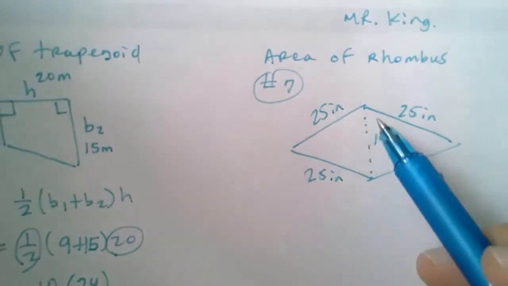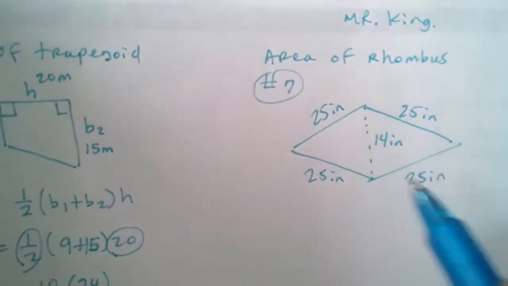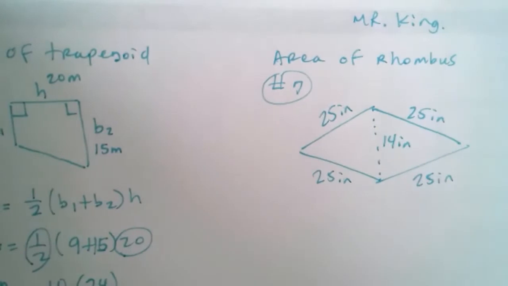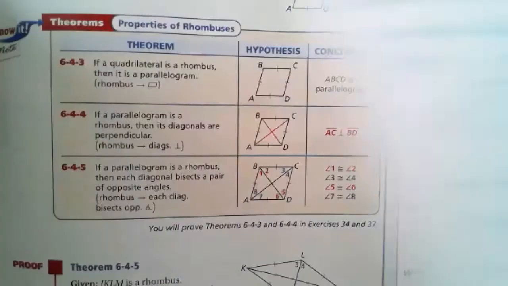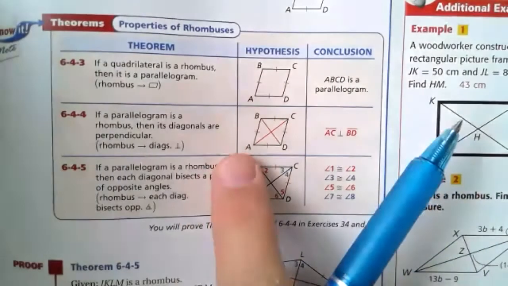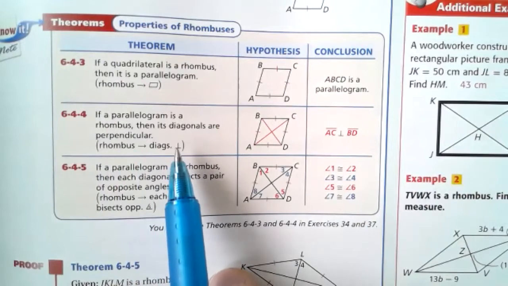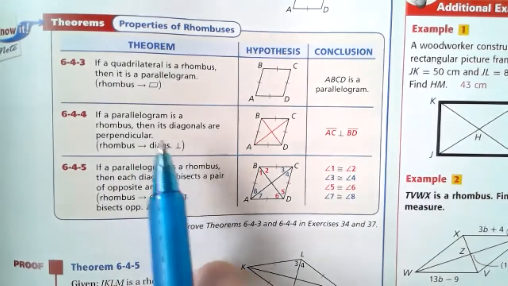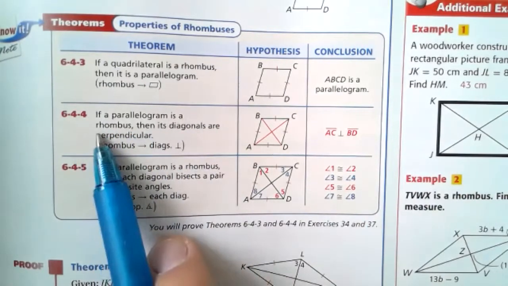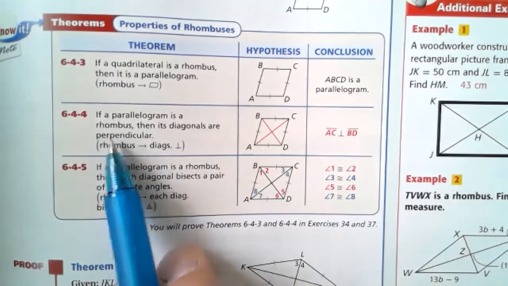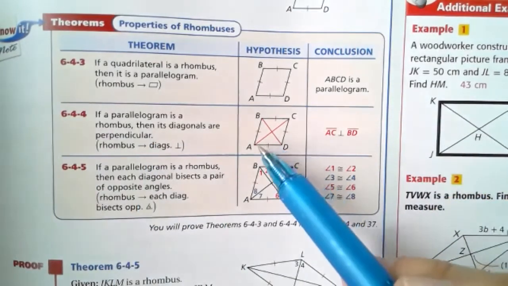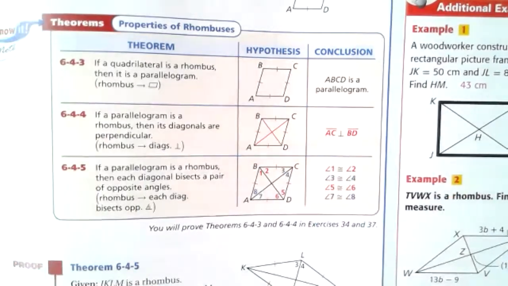The one thing we don't have is a base and a height, because we don't have a right angle here. So let's see what we can do. We're fixing to find a right angle. The diagonals form perpendiculars. If a parallelogram is a rhombus, then its diagonals are perpendicular, so AC is perpendicular to BD.